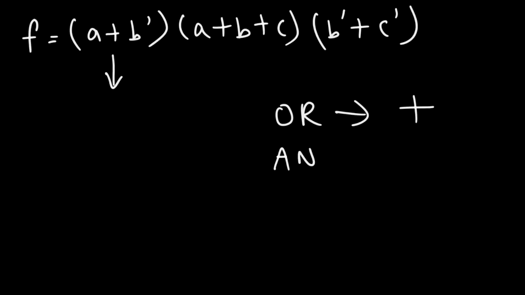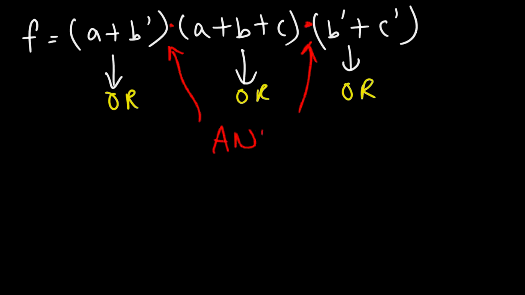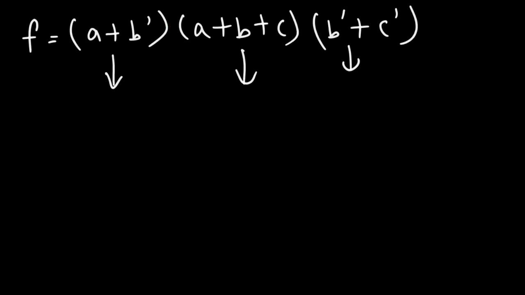So because we have a sum term, we're going to use an OR logic gate for each one. So we're going to need 3 OR gates, and we're going to feed these 3 OR gates into a single AND gate because we do have multiplication here. So let's go ahead and draw the diagram.